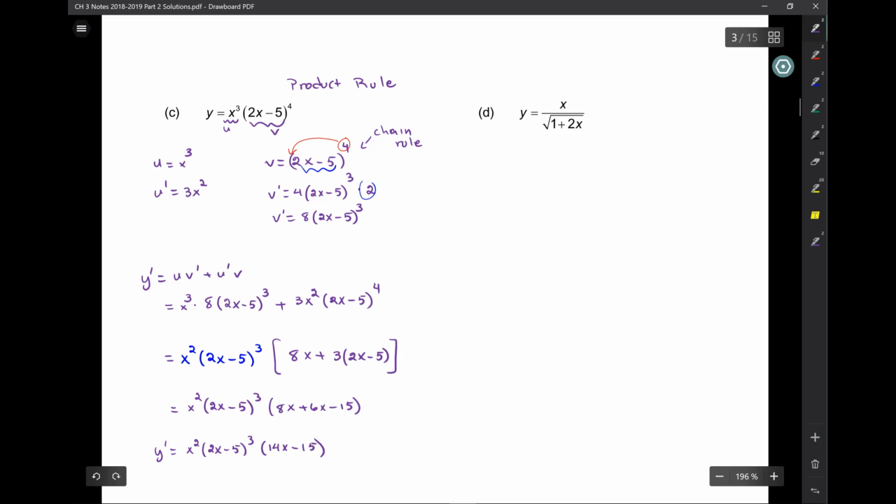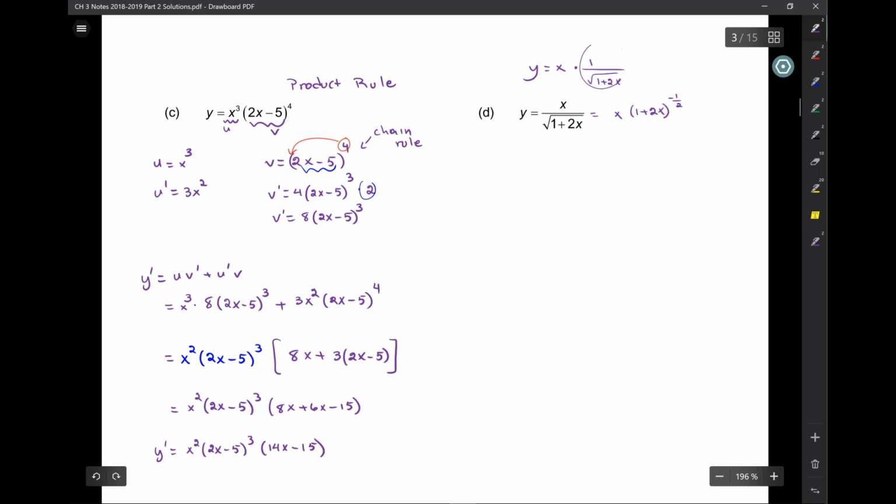Well, so what if I did (1 plus 2x) to the power of negative 1/2, right? So then I would have y equals x times that, okay? Because what do I have now? Now I have x times 1 over the square root of 1 plus 2x, is that right? That's what I have now, that's y.